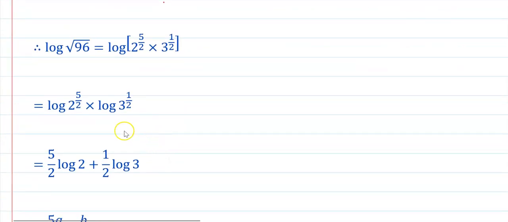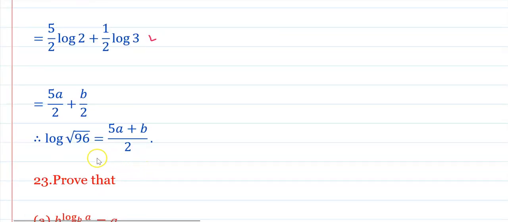And this can again be written using the exponent: 5 by 2 log of 2 plus 1 upon 2 log of 3. Must be plus sign. Sorry, 1 upon 2 log of 3, in this way. And what is the log of 2?